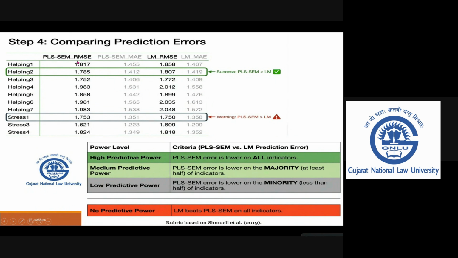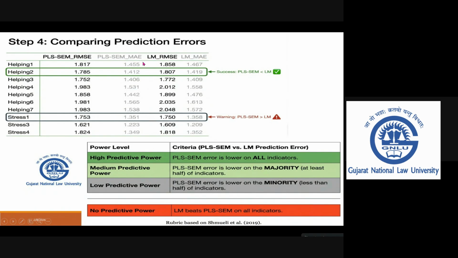If all the indicators are less than LM RMSE, it means we have less prediction errors. PLS-SEM error is lower if all the indicators are less than LM RMSE.